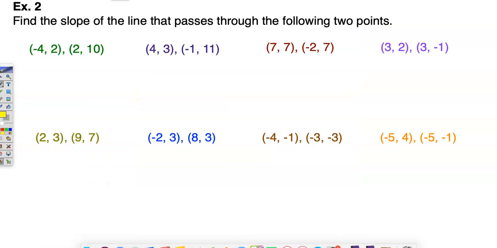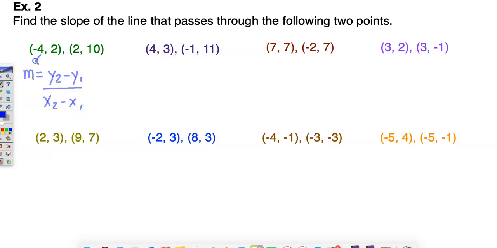Okay, so sometimes our line is not on a graph. Sometimes they'll give you 2 points that would occur on that particular graph. So then we have to use a formula. And our formula to find slope looks like this. It goes y2 minus y1, all of that over x2 minus x1.